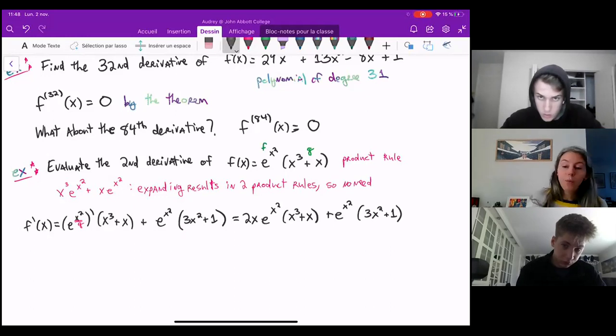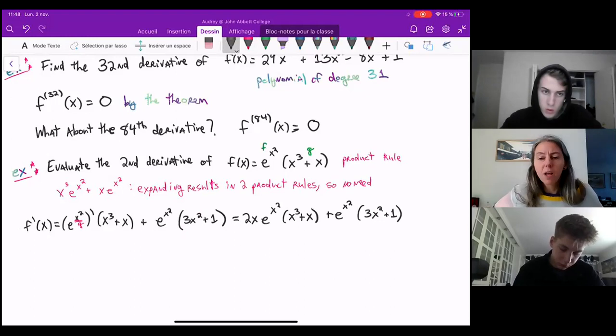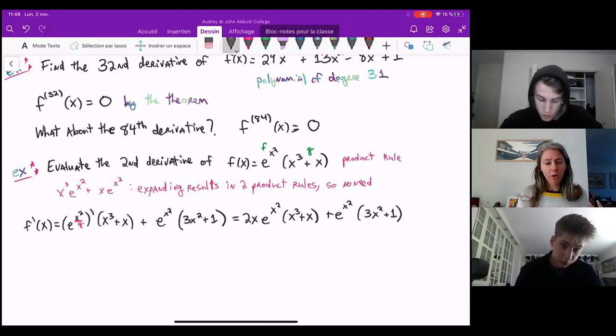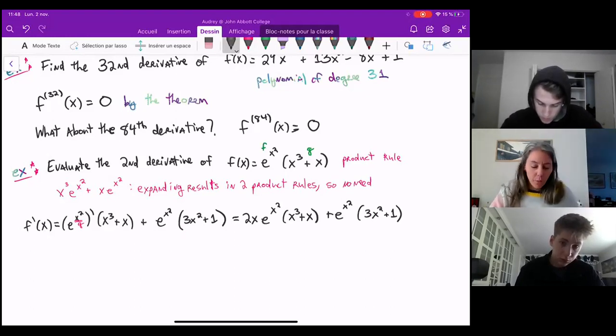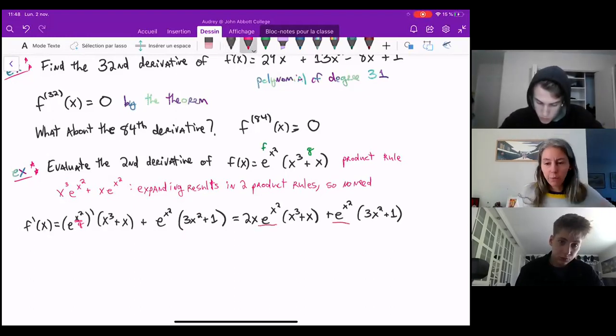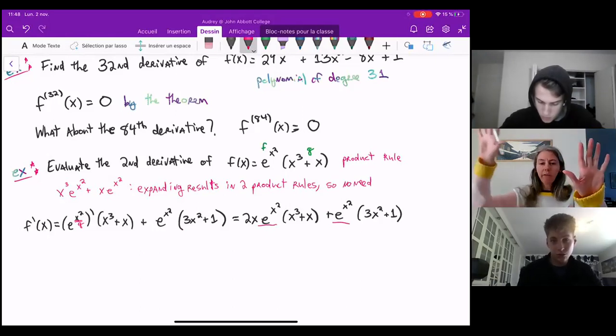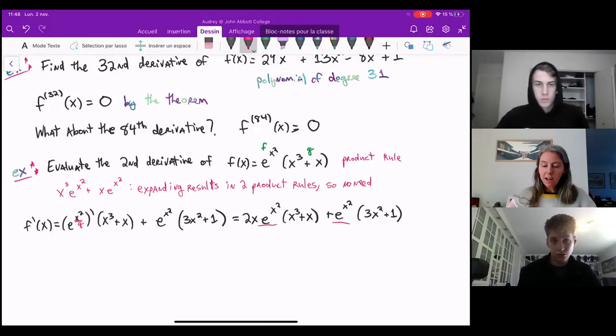Now my goal, we said, before I take the second derivative, I want to simplify this. My goal in life being to make this the simplest derivative possible. We already saw in the first step that expanding was not a good plan. In the same way, when we have an e involved, we want to simplify kind of how we did before, but instead of finding the greatest common factor, the thing that makes the most sense is to separate the e from the polynomial, like we have it to begin with, so that we just have one product rule to do.